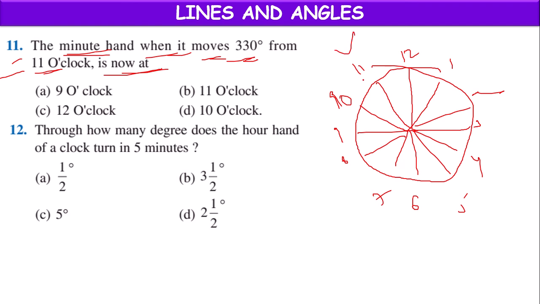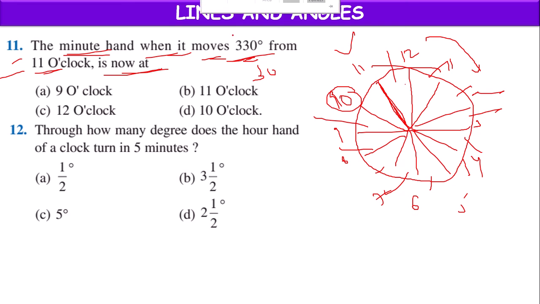It is at 11 o'clock. From 11 o'clock, it has moved 330 degrees in clockwise direction. 330 degrees means from 11 to 2 angle is 30 degrees. If we divide with 30, then 11 parts. 1, 2, 3, 4, 5, 6, 7, 8, 9, 10, 11 parts it has moved. It will be at 10 o'clock.